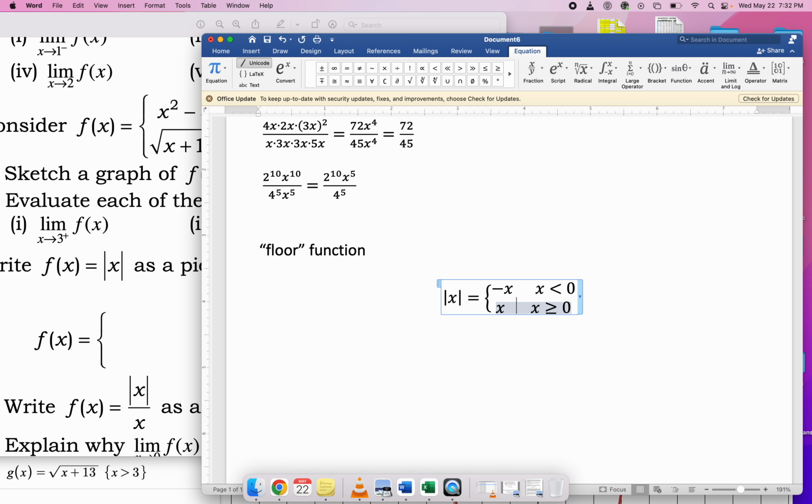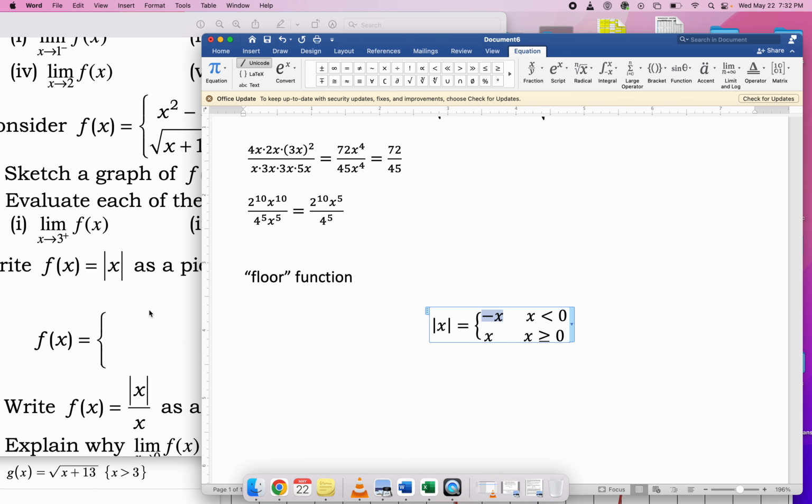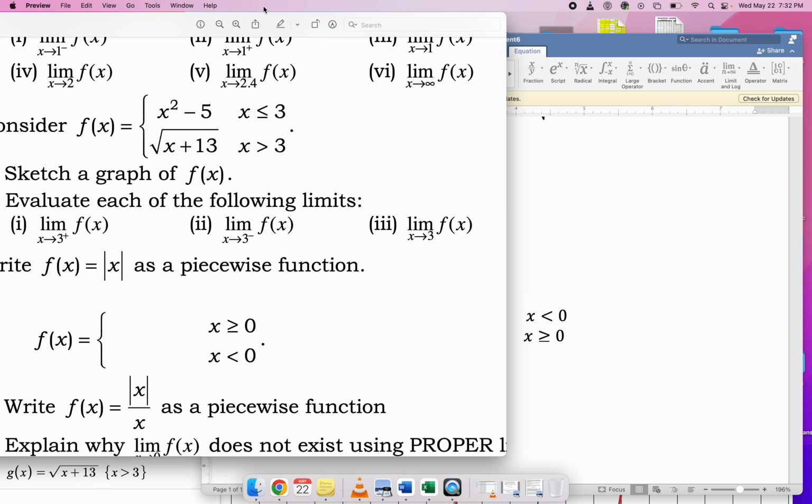Sometimes people get confused about that because they say, what is this negative x stuff here? Isn't the absolute value of x supposed to be positive? Well, yeah, it is, because if x is a negative number to begin with, then the opposite of x will be a positive number, right? So if x is already negative to start out with, then the opposite of x will in fact be a positive number. So that's how you describe it as a piecewise function.